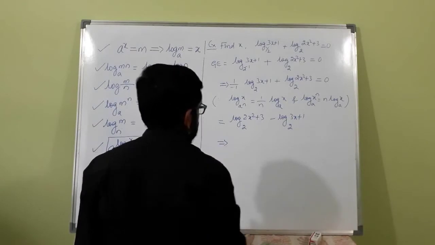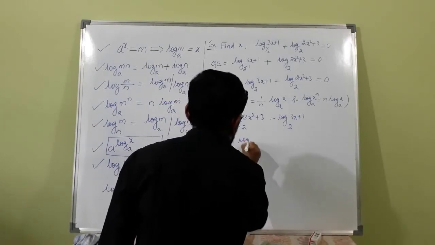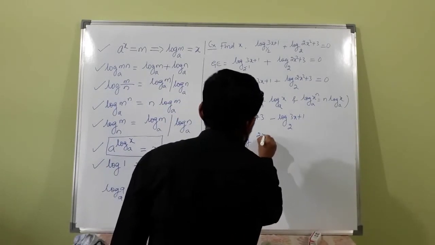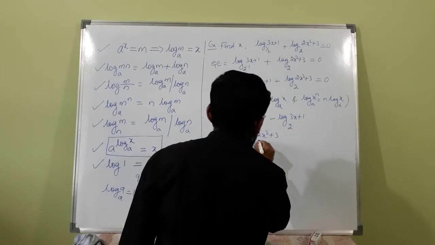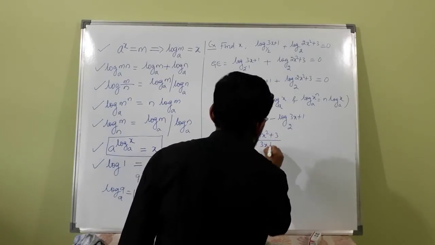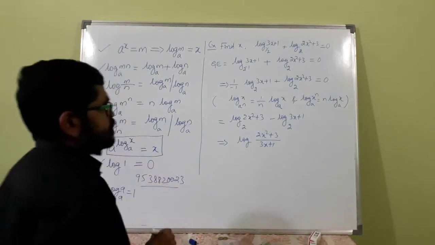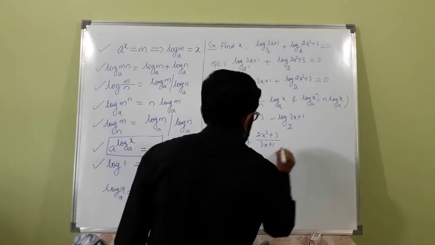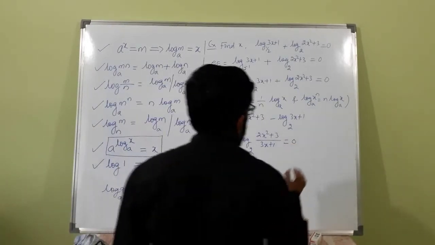This is equal to log of 2x squared plus 3 divided by 3x plus 1 to the base 2 is equal to 0.